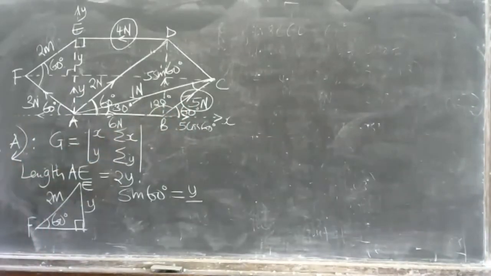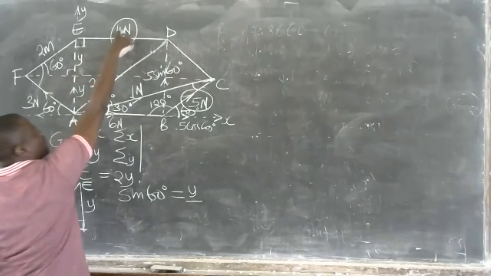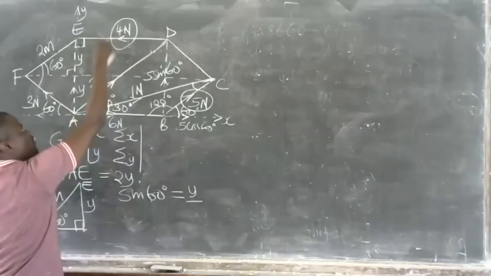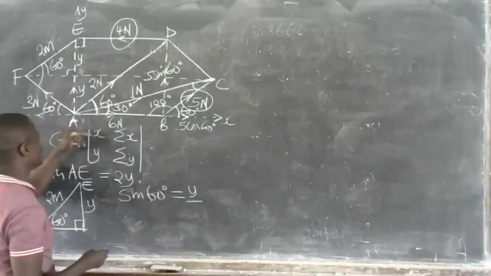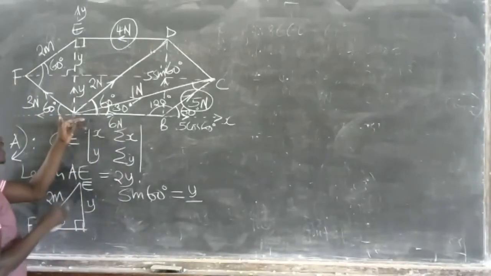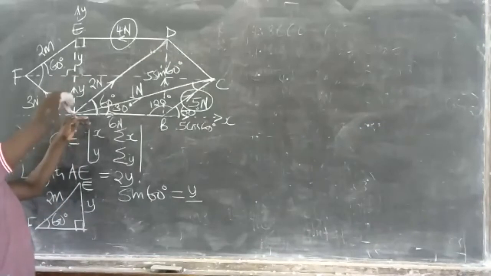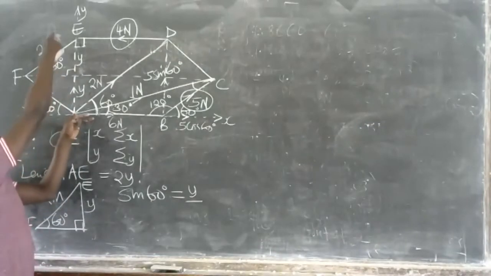Now, for the 4 Newton force, the moment from A is anti-clockwise and its perpendicular distance from the turning point A, where you take moments from, is length AE.